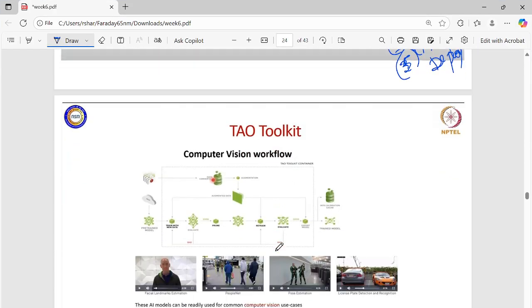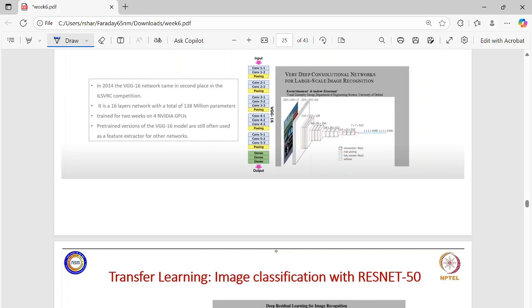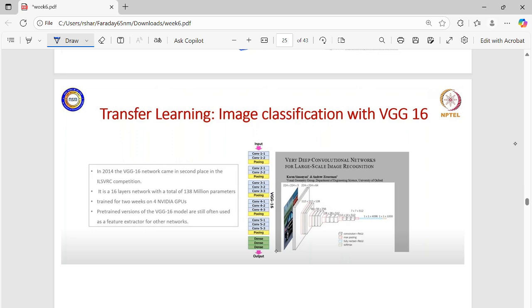So next is the computer vision flow. These AI models can be commonly used in computer vision tasks like pose estimation, license plate detection and recognition, PeopleNet, facial landmarks estimation. Next is transfer learning for image classification with VGG16.